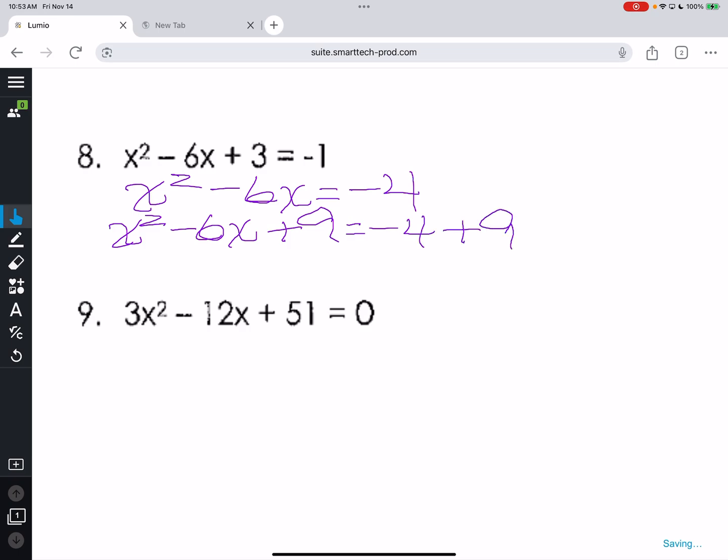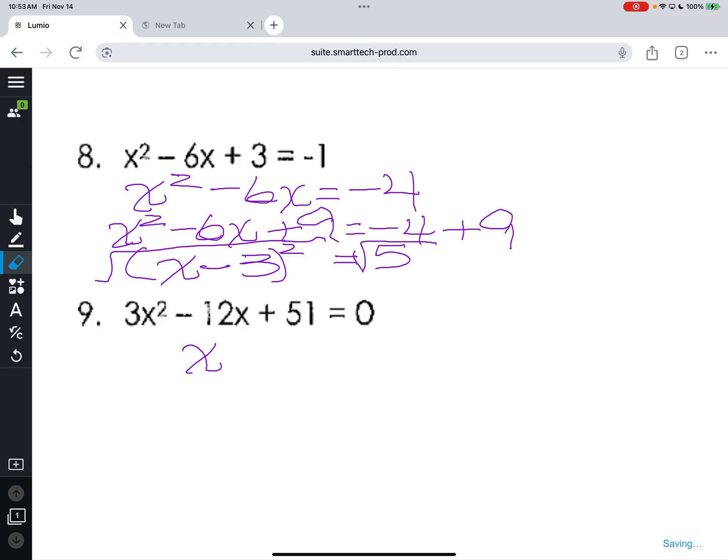I shouldn't have written the radical yet; I was in a hurry. And then that's 5. When we factor our trinomial, it's x minus 3 squared. Then we take the radical of that, so that's x minus 3 equals positive or negative radical 5. So the final answer is 3 plus or minus radical 5.